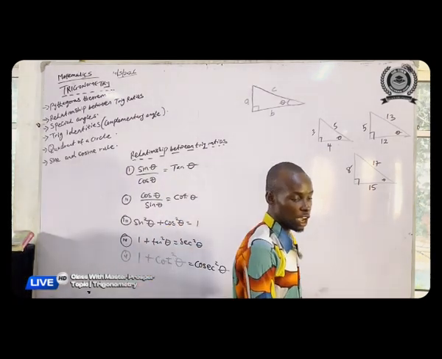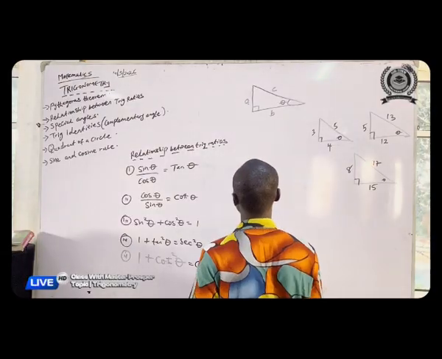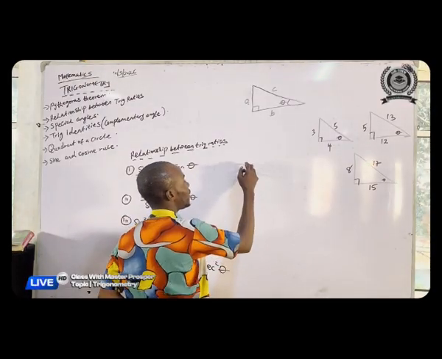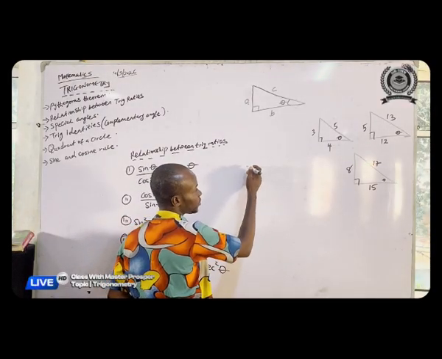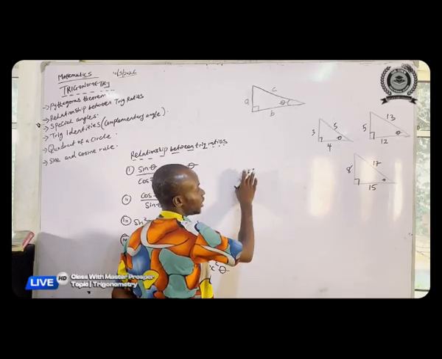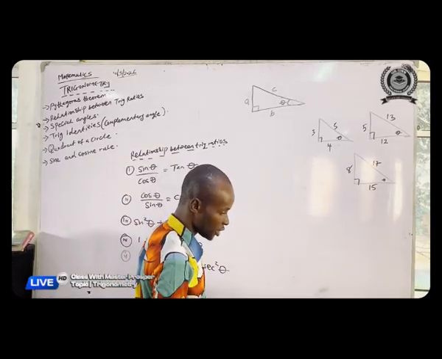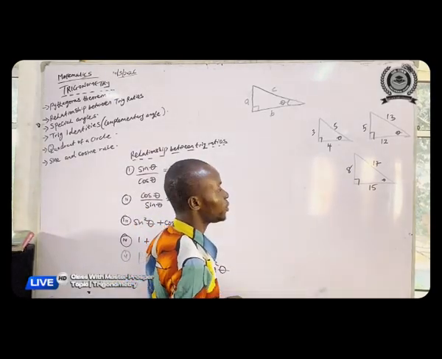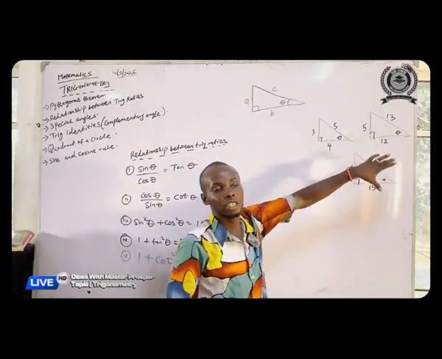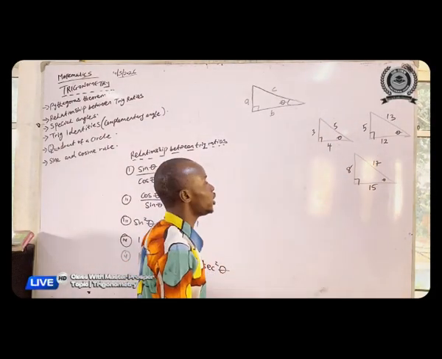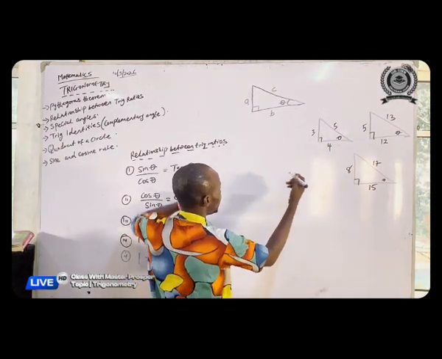Now we are going to use a real number, and we are also going to use alphabets. Using a real number, sine theta is opposite over hypotenuse. So we can use any of these 3 numbers. Using any of these 3 numbers, let me use 17. This one.